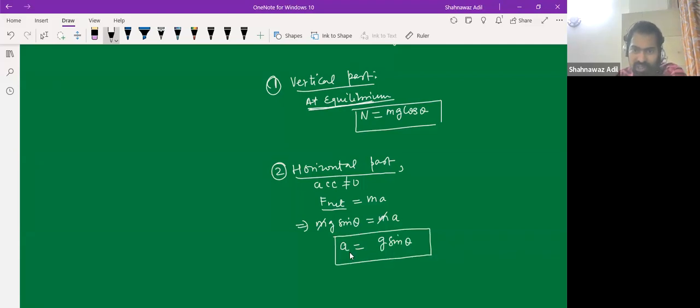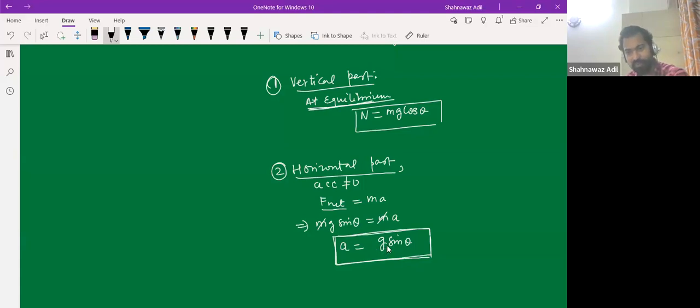right? So you see, does this acceleration depend upon the mass? Do you have any mass in this relation?